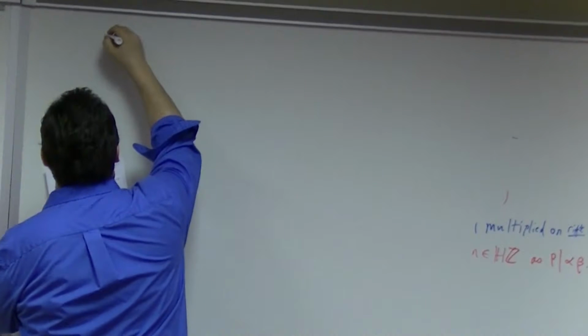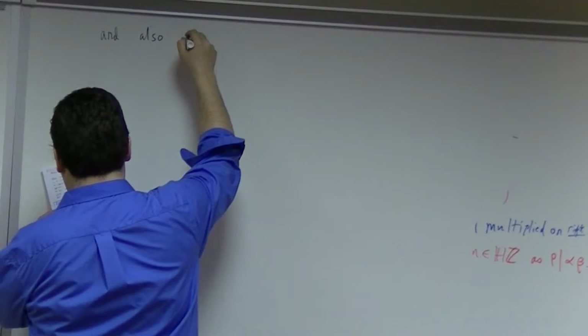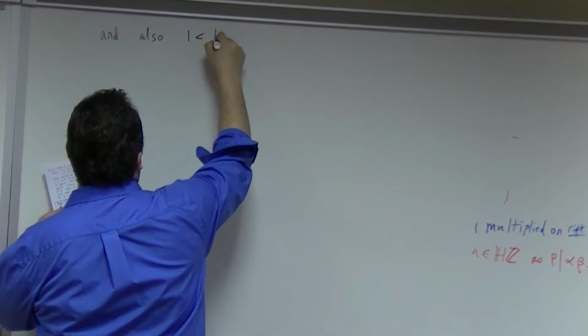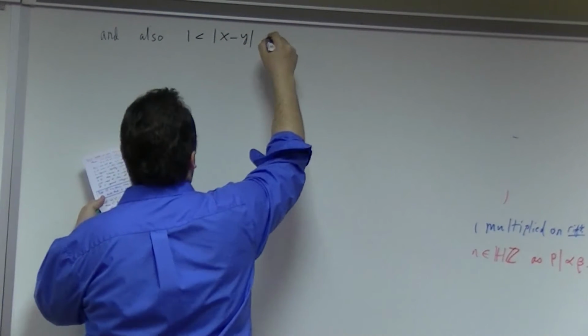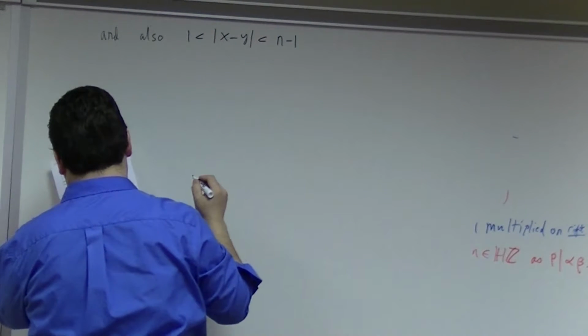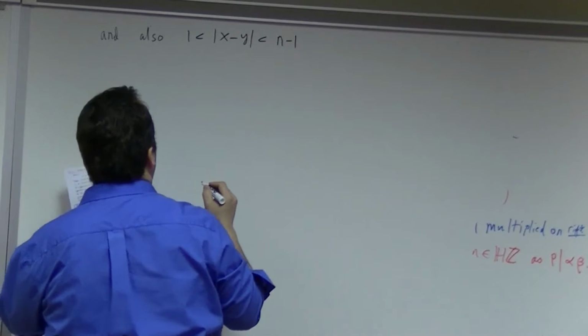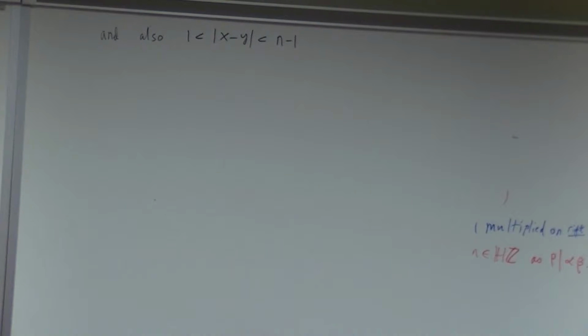Oh, I guess, okay, I should probably say and also 1 is less than the absolute value of x minus y is less than n minus 1. Do you agree with that? Does that ring true to you from our assumption that x and y go from 0 to n, and they're not equal, right?